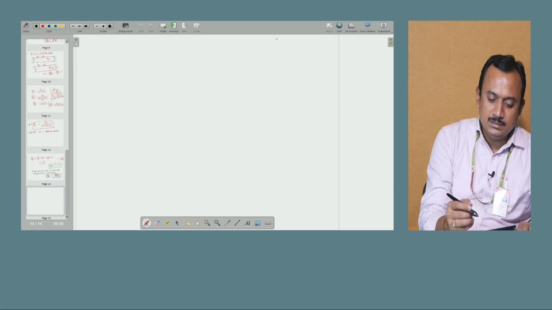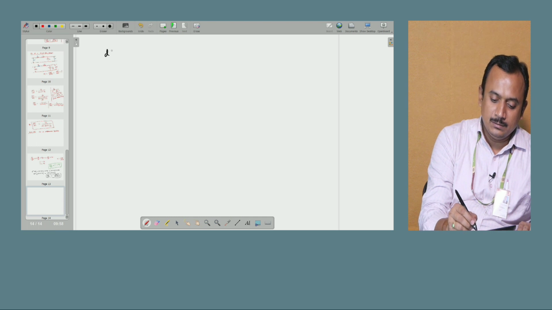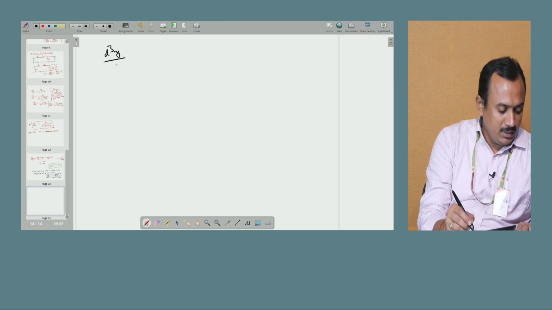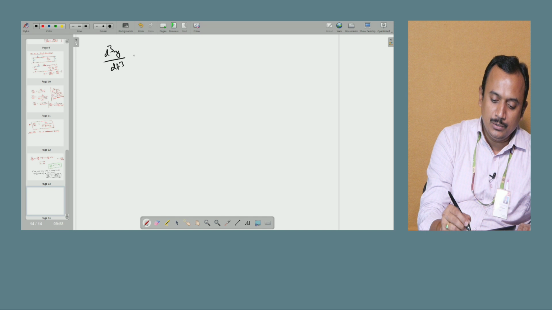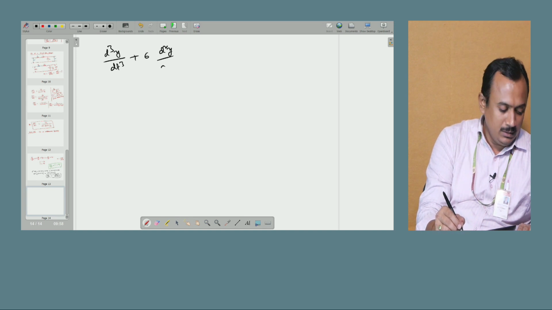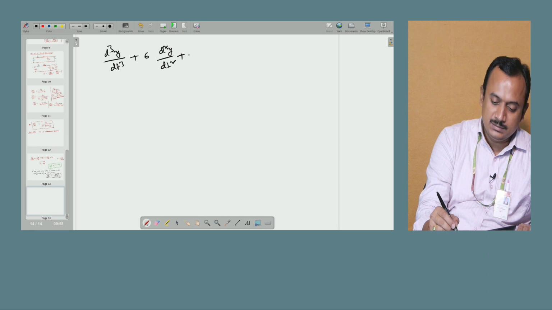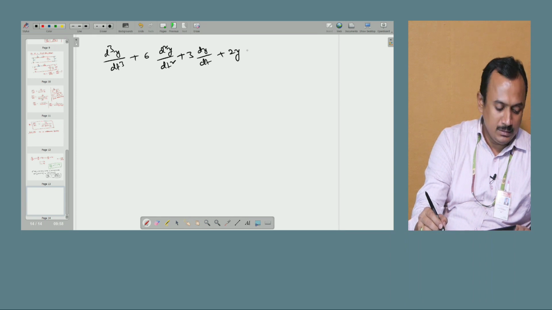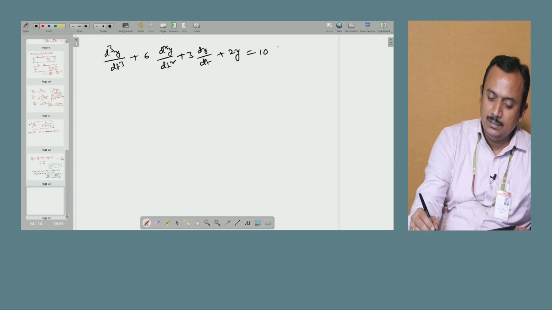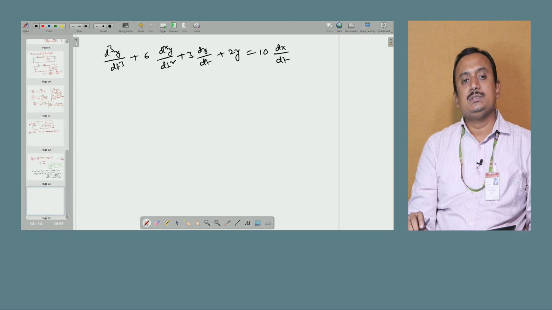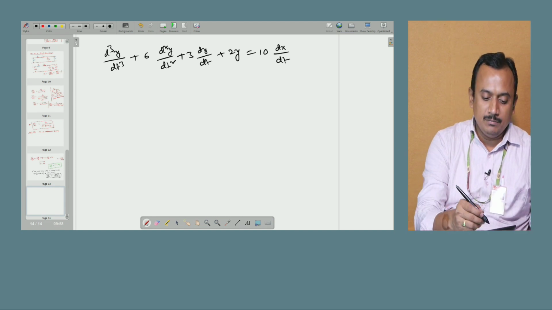Now let me consider a third order differential equation, d cube y by dt cube plus 6 into d square y by dt square plus 3 into dy by dt plus 2 into y is equal to 10 into dx by dt. So this is the third order differential equation given.